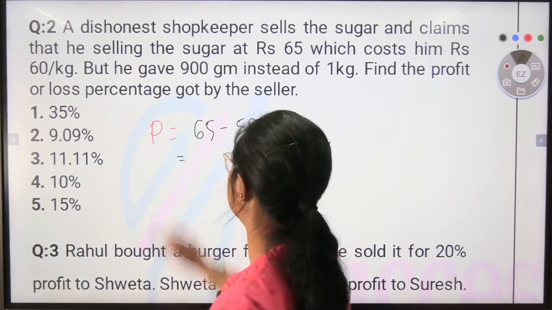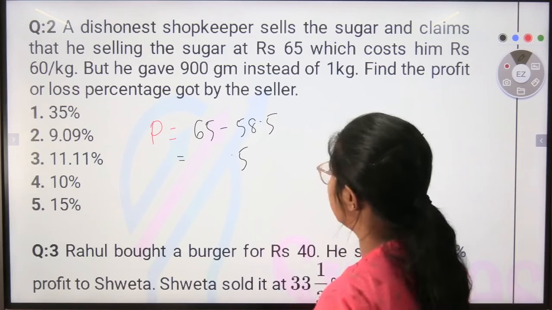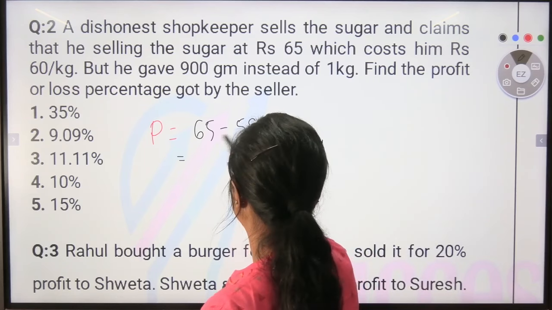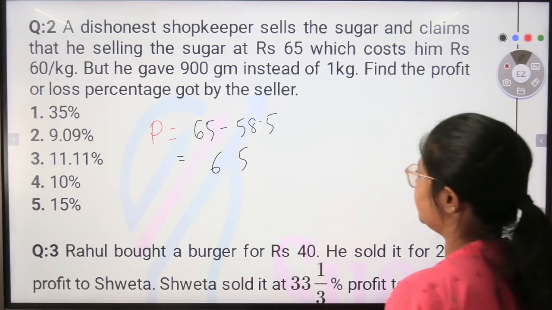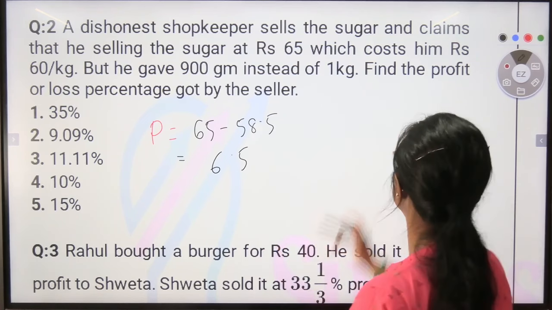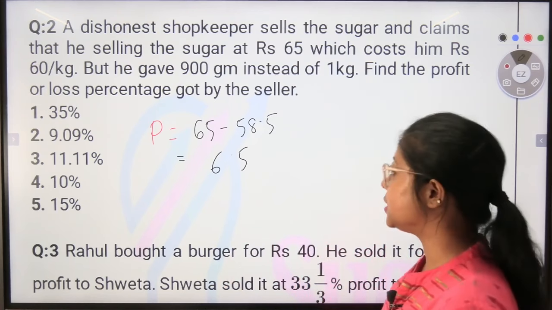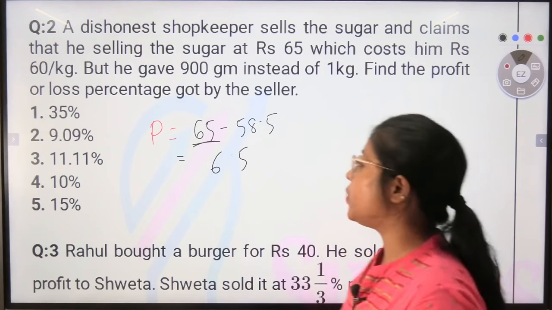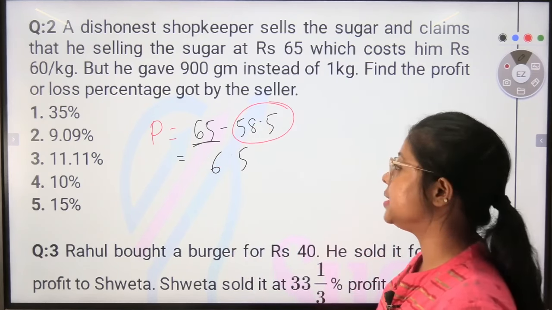So this is my profit amount, 6.5. Okay, so 6.5 is my profit amount. Now you need to find the profit or loss percentage. Of course, he is gaining profit because his SP was greater than the actual value. So that means he is getting profit.